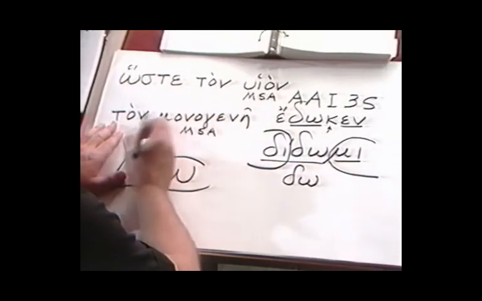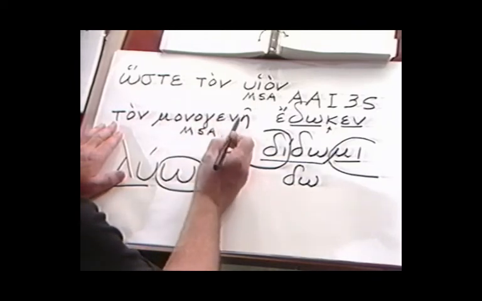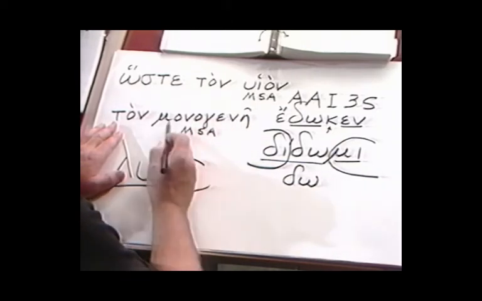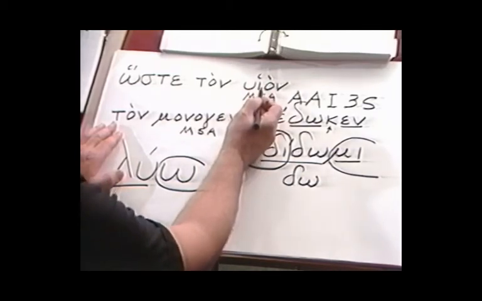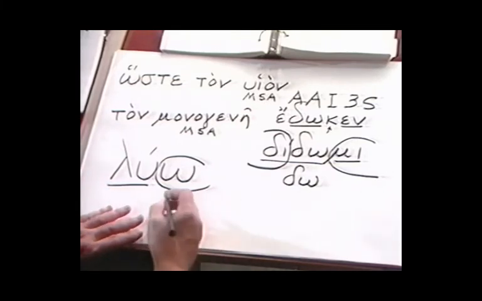So when we look back now at John 3:16, and we see this adjective, ton huion ton monogene, we see that this adjective monogene is an attributive adjective modifying huion. How else could it have been written?